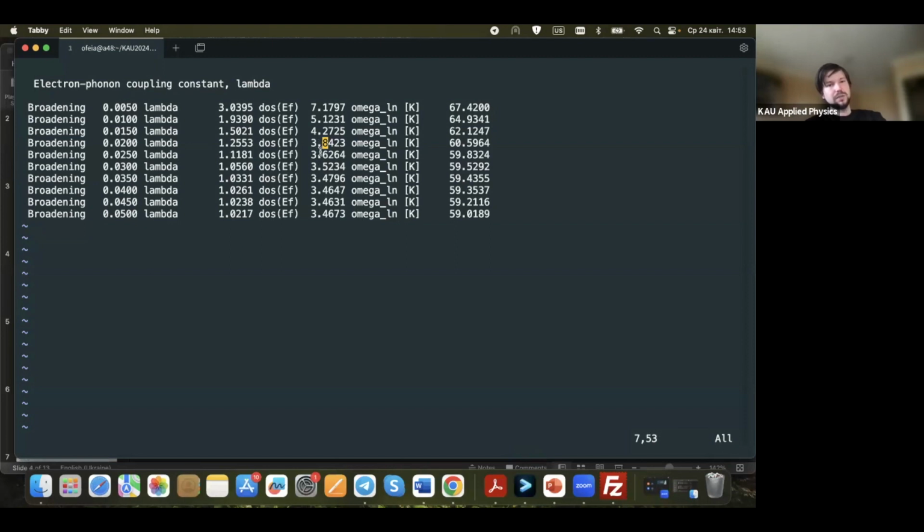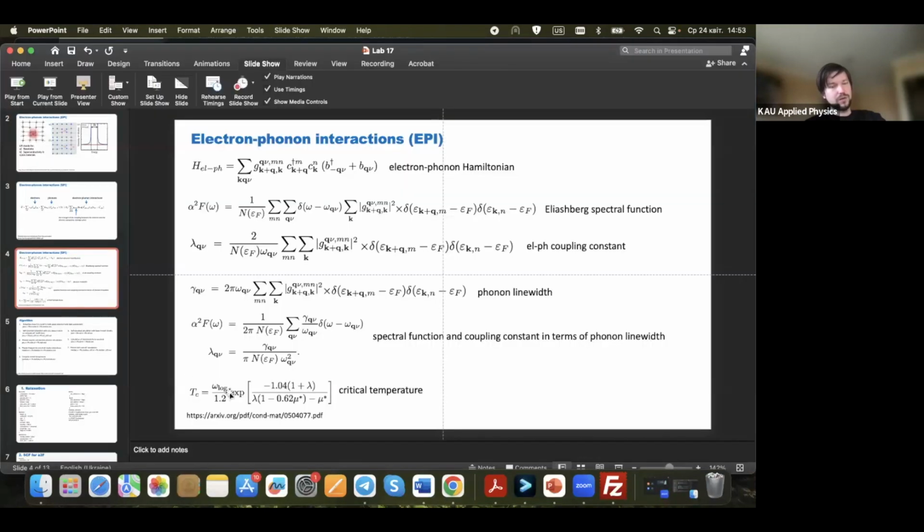You see it stabilizes from maybe the fourth and fifth step. It almost doesn't change. Lambda doesn't change, and neither does the number of states. And then we have this omega, which is like the integral omega for our formula. This is omega log.